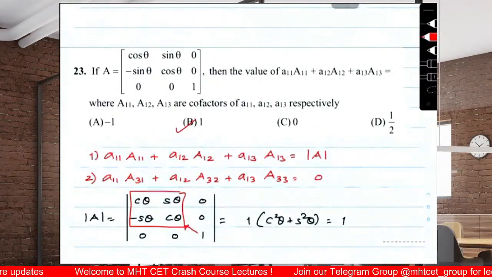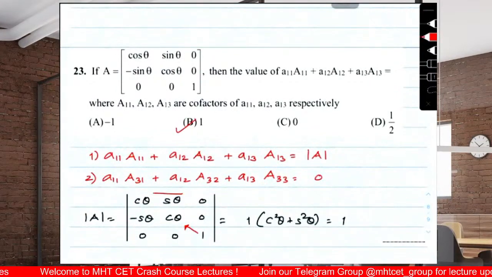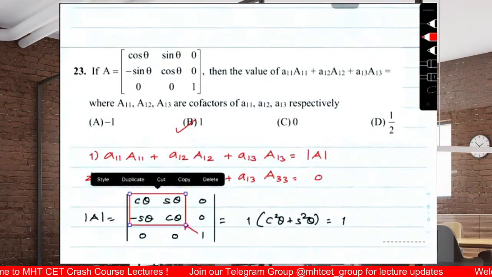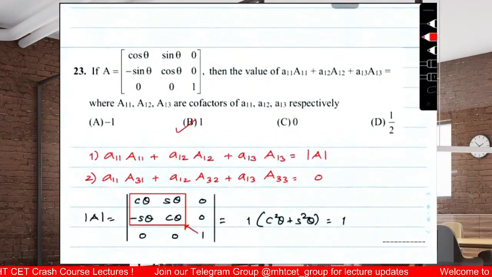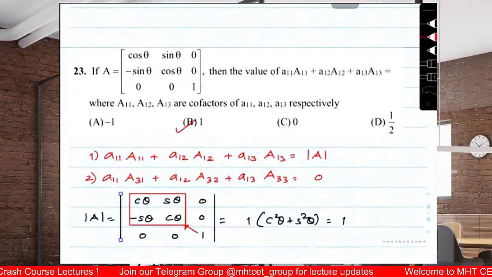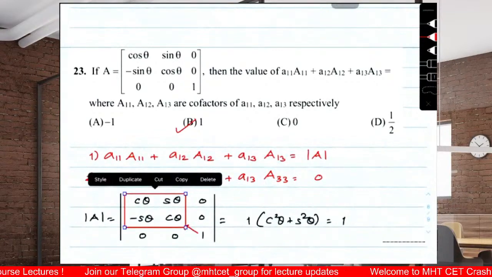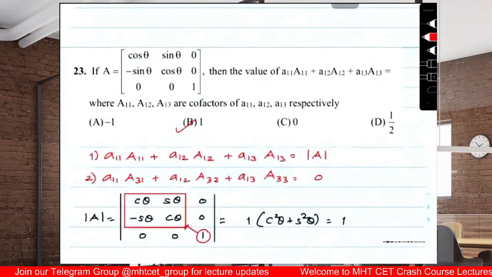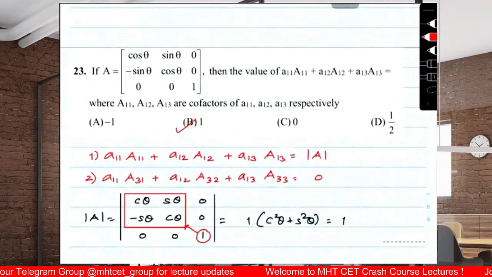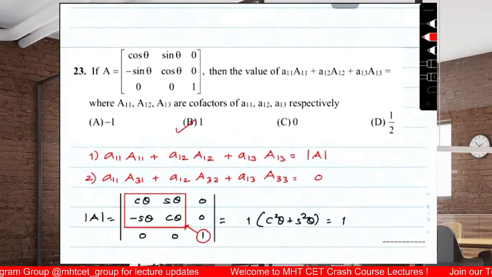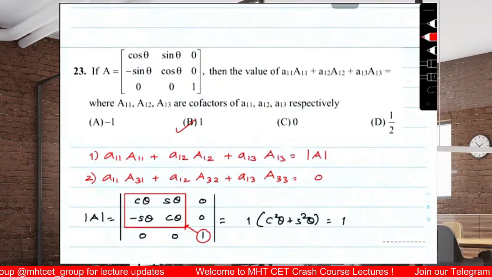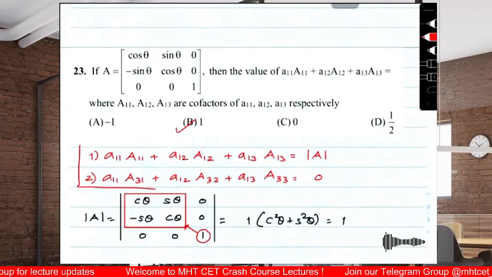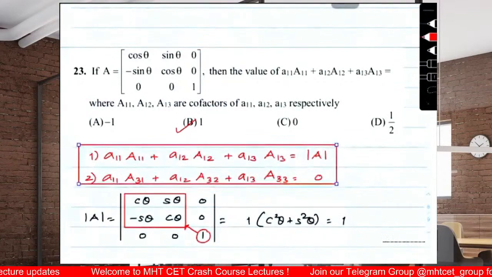Option B. Done? जो रेड से लिखा है तो प्रॉपर्टीज है और यू हैव टू लर्न.